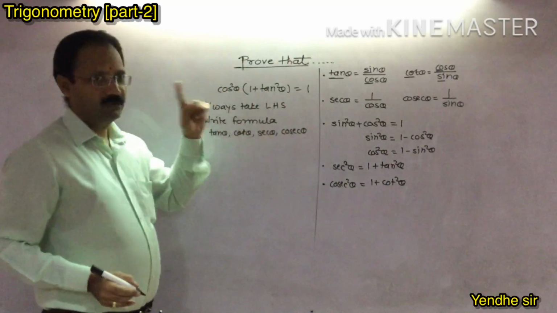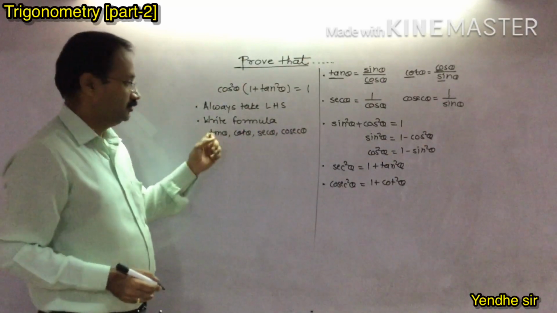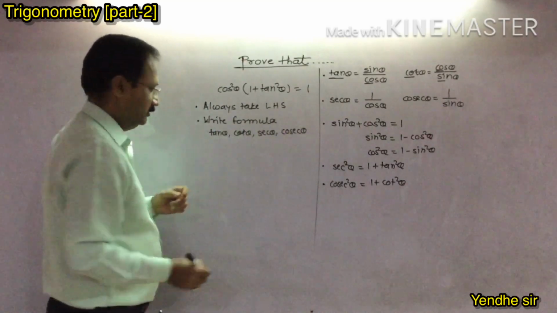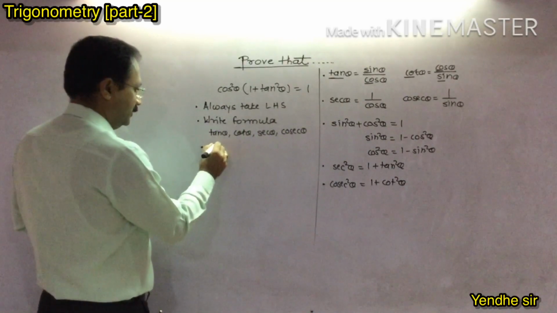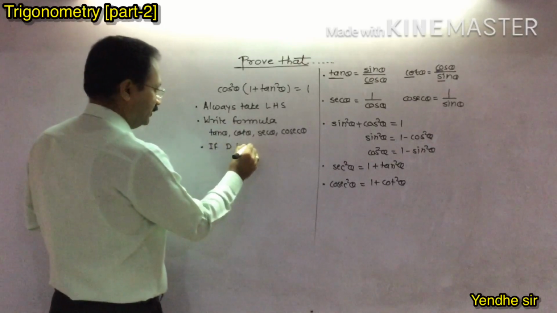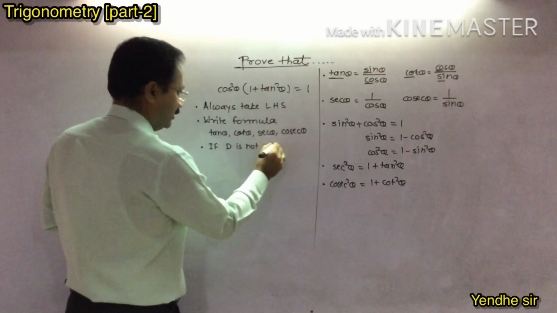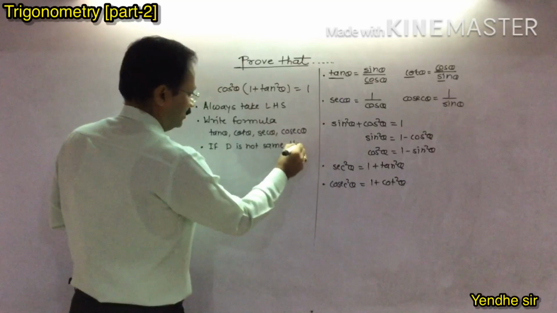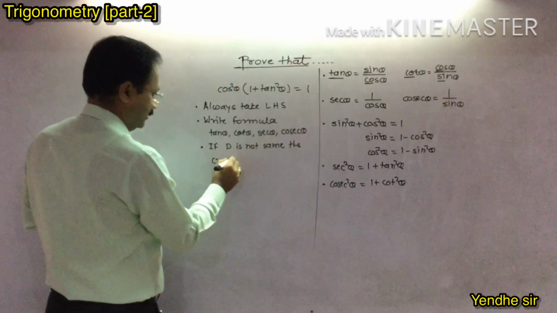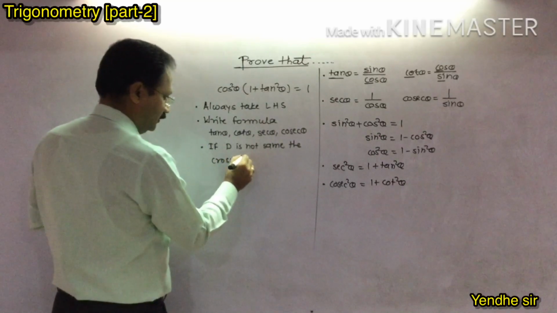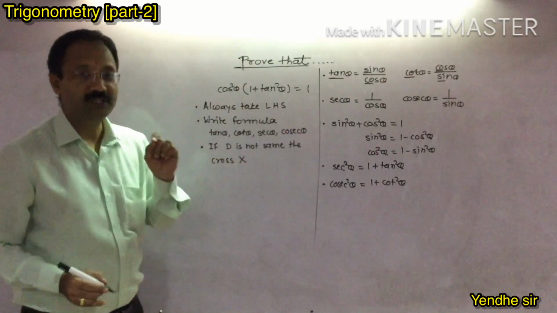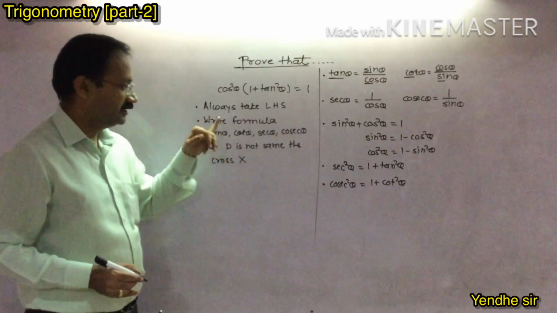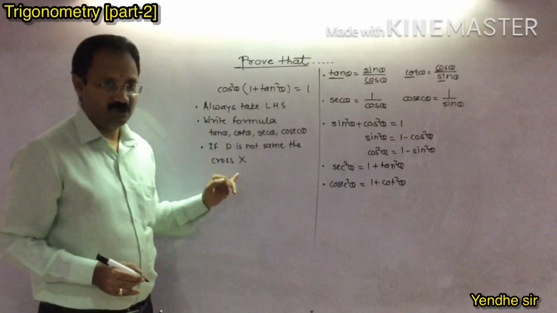You have to substitute their formulas there. You have to write the formulas of these. Then third rule, if the d is not same, then cross multiply. What do you mean by d? It's the denominator. If the denominator is not same, then you have to cross multiply.